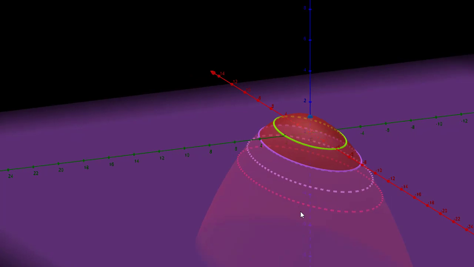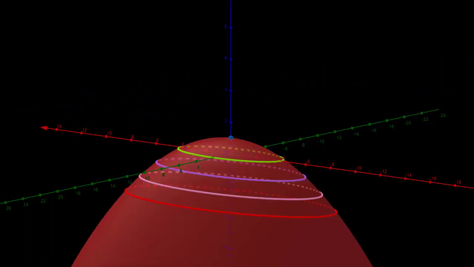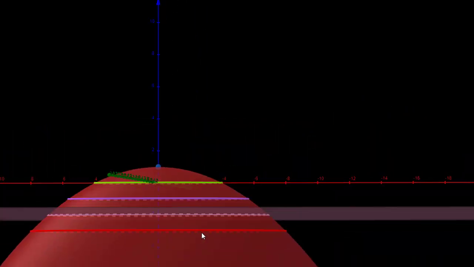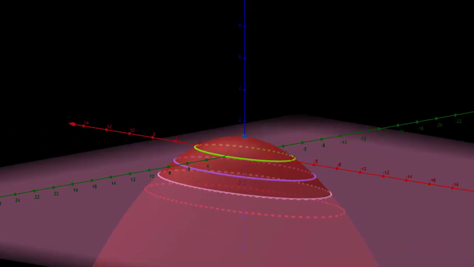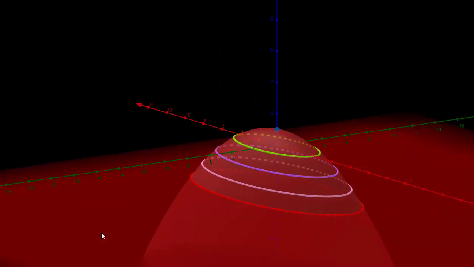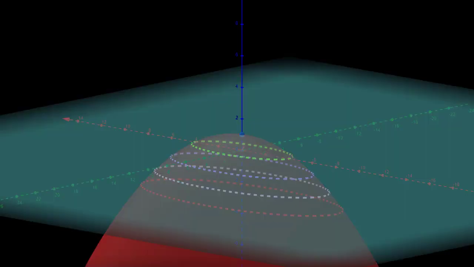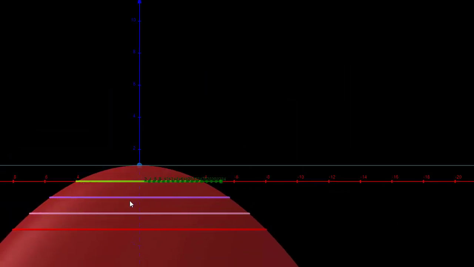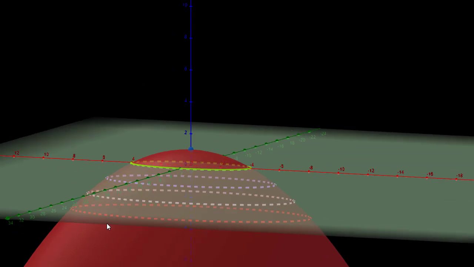This one was z equals -1. Okay, and if we go down a level, here's z equals -2. And then z equals -3. z equals 1. Notice that this plane only hits the very tip top of this. And then the xy plane.